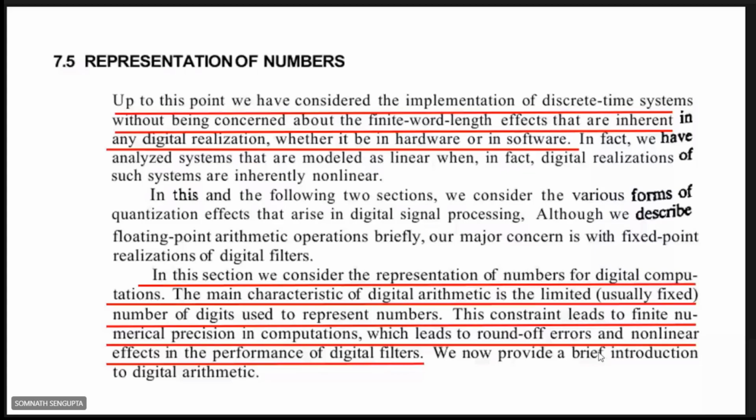So there are two kinds of number system. One is fixed point representation, another is floating point representation. Okay. So in fixed point representation, generally the numbers contain sign bits and also the binary point.